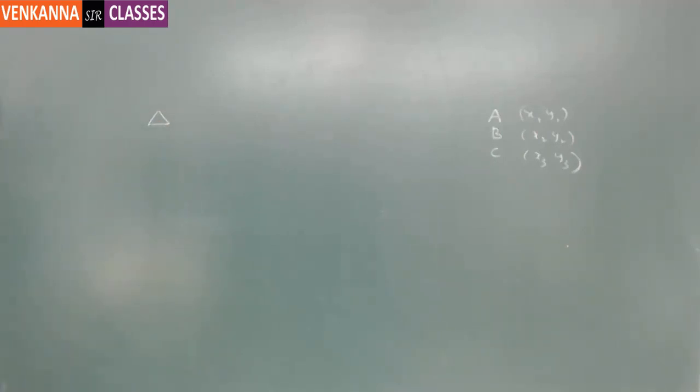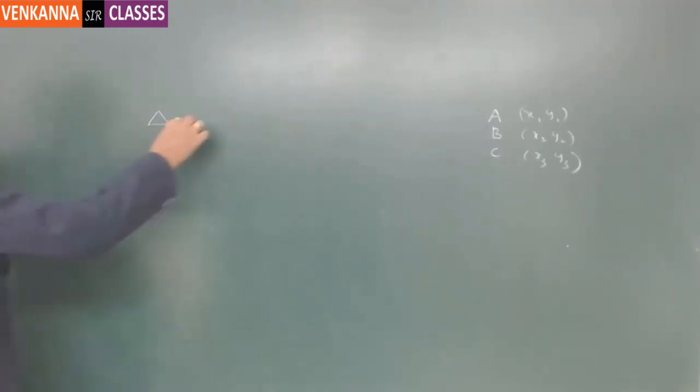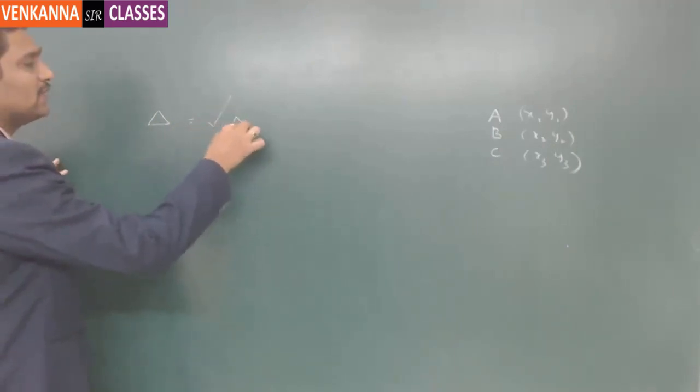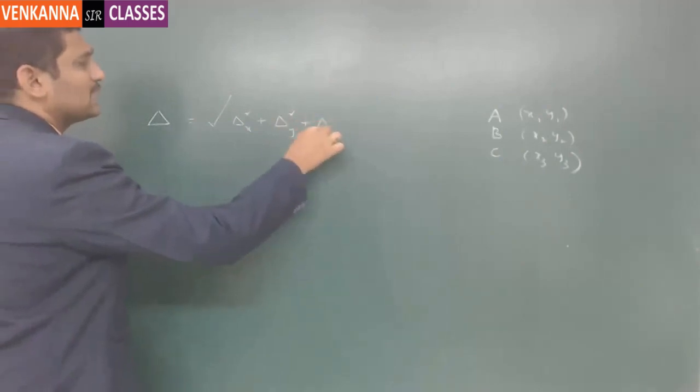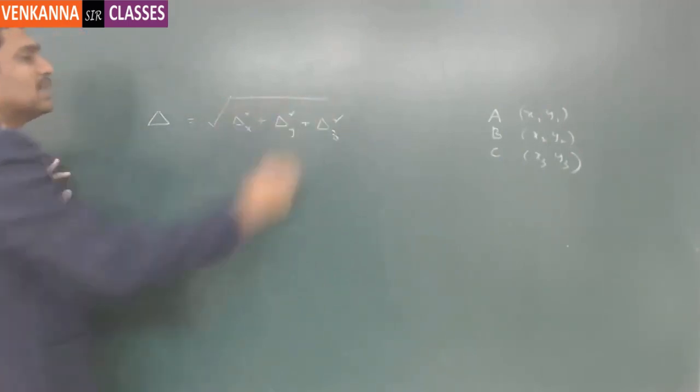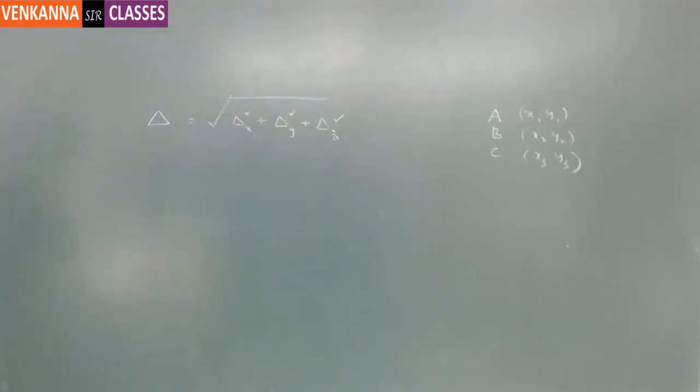So, let us denote that delta is the required area of the triangle, and its formula is given by the square root of delta x squared plus delta y squared plus delta z squared. These are nothing but the projections taken on the coordinate planes, YZ plane, XY plane, ZX plane respectively.